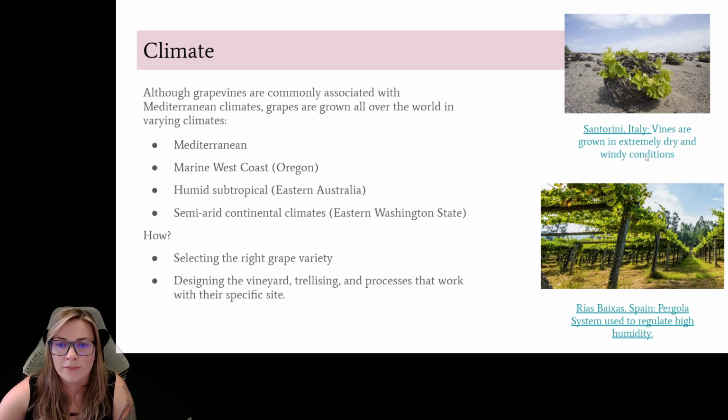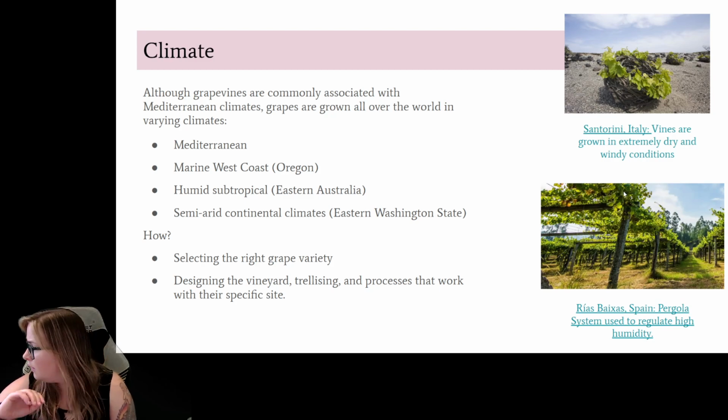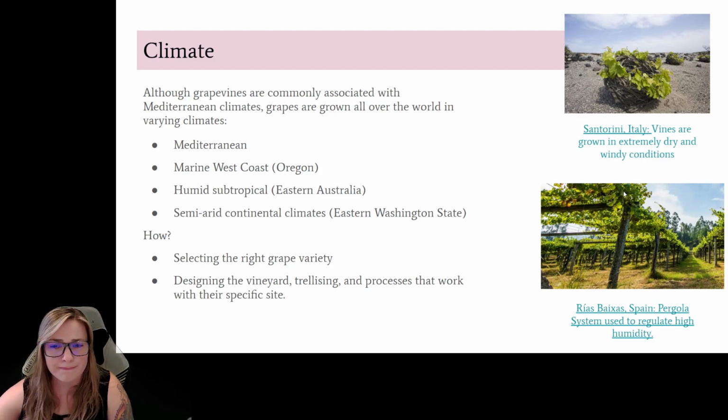So very cool. And then here on the bottom, we have a very polar opposite example of that. We have Rías Baixas, which is a winemaking region in Spain. This is very humid. It's right next to the water. We have, like I said, really high humidity in this region. So they have a pergola training system. This is a training system that's also used in Japan to help with the monsoons that come through.